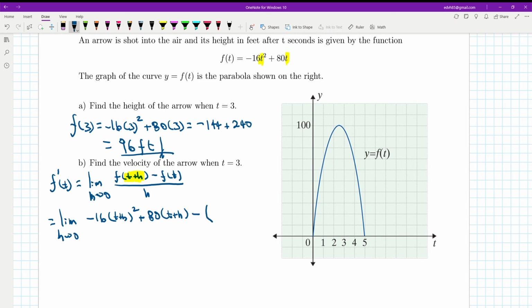And be careful here because the negative signs are going to make some effect on each of the terms. So this part right here constitutes the f of t plus h minus f of t, the original function. That's what it does in this case.